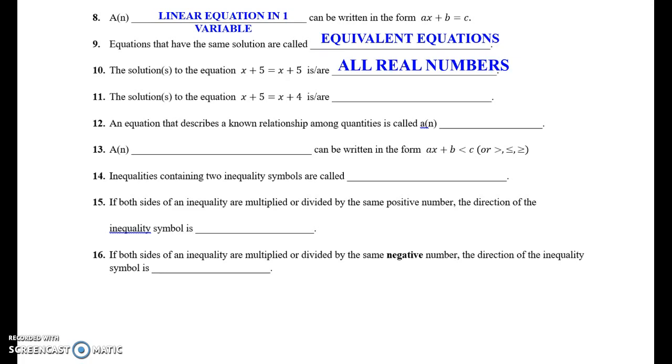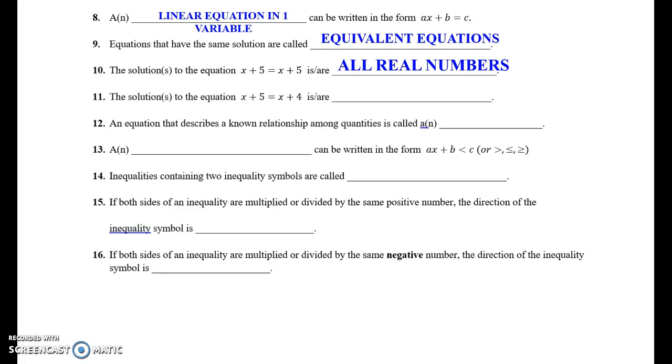So all real numbers. The solutions to the equation x plus 5 equals x plus 4 is what? If you subtract x from both sides, you get 5 equals 4, and that's false. If you subtract 5 from both sides, or add x to both, or subtract x from both sides, you get 5 equals 4, which is not true.